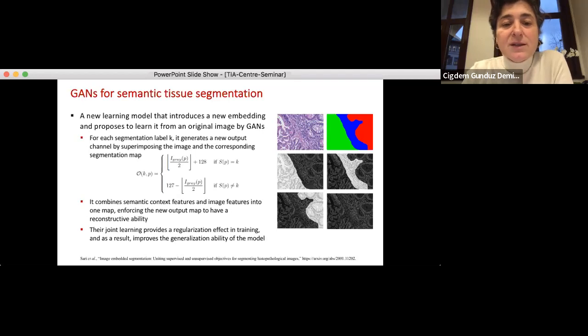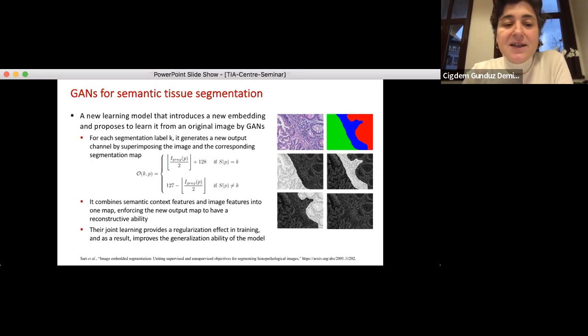So this embedding generates a new output map by combining the input image and the annotated map. So for each segmentation label, for example, for the green label here, it brightens the pixels falling in the region of that label, and it darkens the other pixels according to these equations.